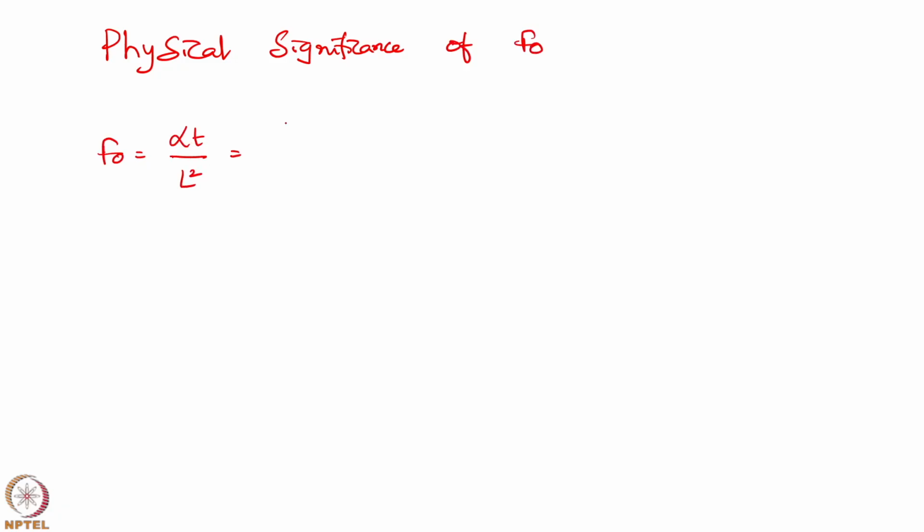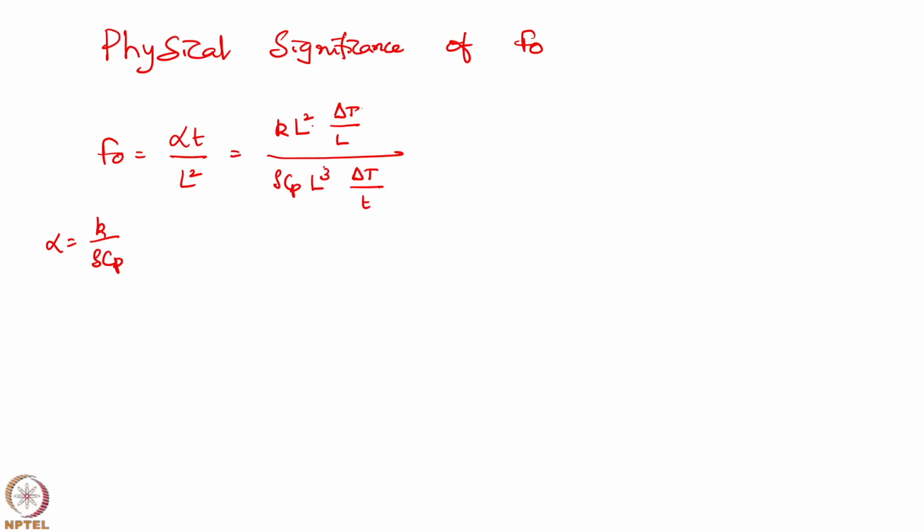Remember, alpha is k by rho Cp. So I can rewrite this as k L squared delta T by L divided by rho Cp L cubed delta T by t. I have just multiplied and divided by delta T and by L.